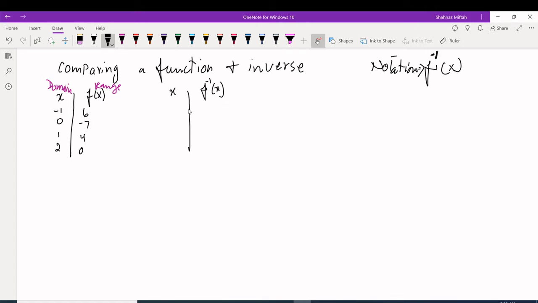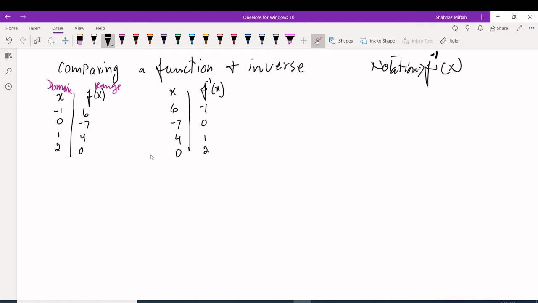Now, how are we going to write the inverse function's domain and range? Always make sure the domain of the original function is always going to be the range of the inverse. So all these values, negative 1, 0, 1, and 2, are going to go as the range of the inverse. And all these range values, the y values of the original function, are going to go as the domain of the inverse.